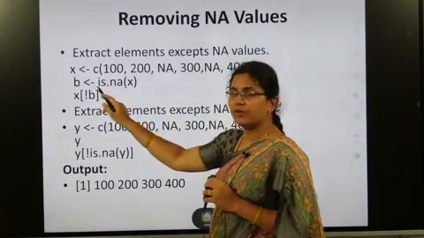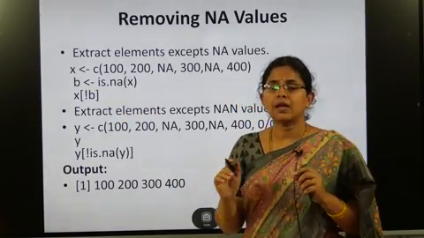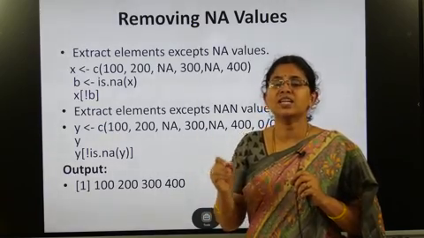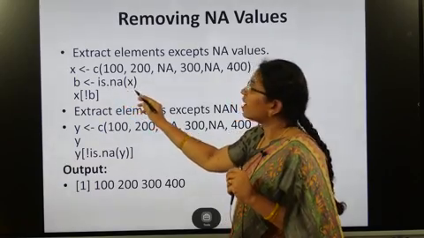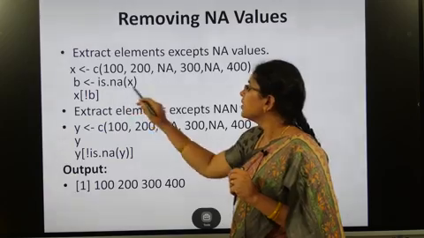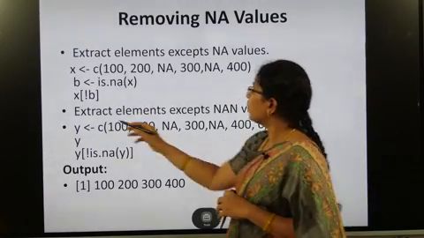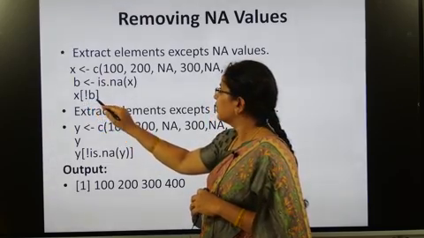b <- is.na(x). So carefully listen, I am going to remove the NA value, so I am using the function is.na of x, where all the values are there in the x variable. Now if I want to remove this, I will go for x[!b].